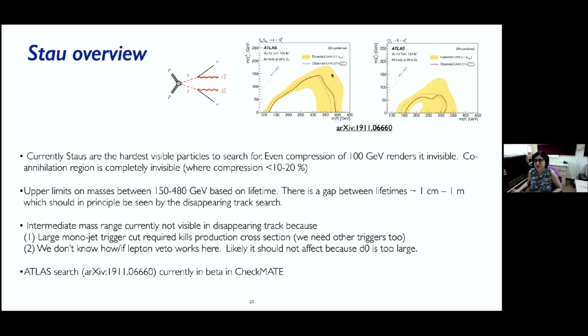And for both the left and right handed cases, we see that even a little bit of compression, so even a compression of 100 GeV, which is already quite large to be honest, renders the search pretty insensitive. So it's only sensitive when you have very hard objects coming out at the end. Right? So that gives us essentially a sort of loophole of fitting where we want to live.